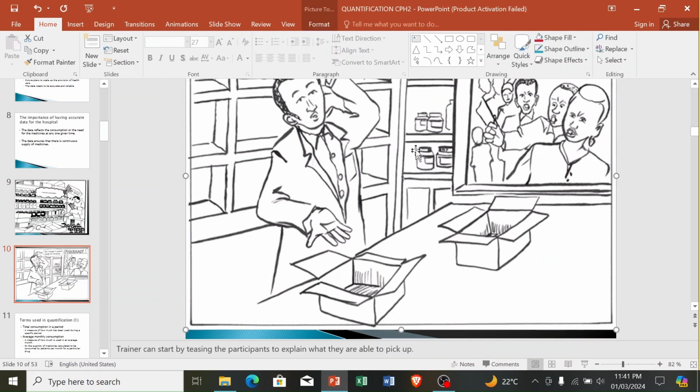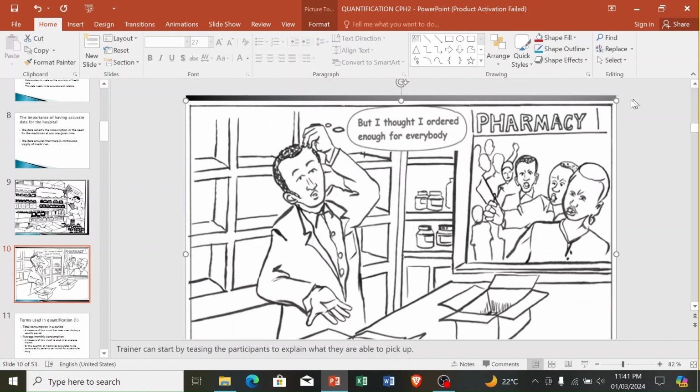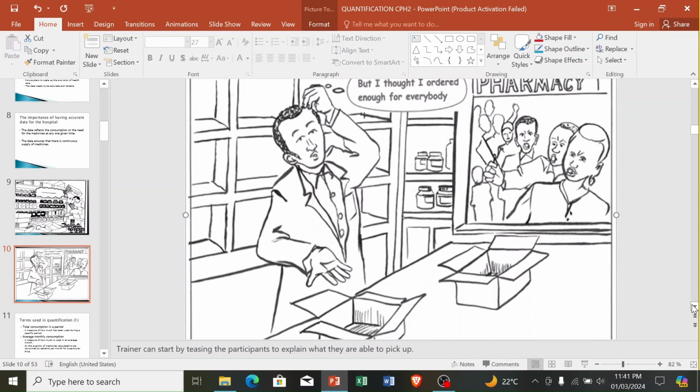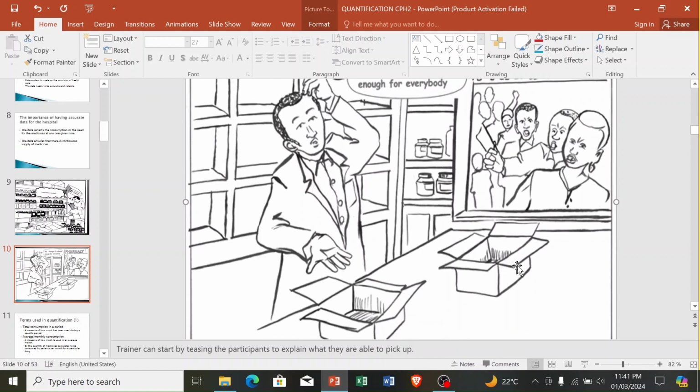And then we see another scenario here. Here we see that we have patients waiting for their medications. The shelves behind this guy are empty, and we have ideally few things in the store. And when we look at these boxes, we see that these boxes are empty. So here you find that this specific person as well did not quantify well, and is having days out of stock, is having stockouts.